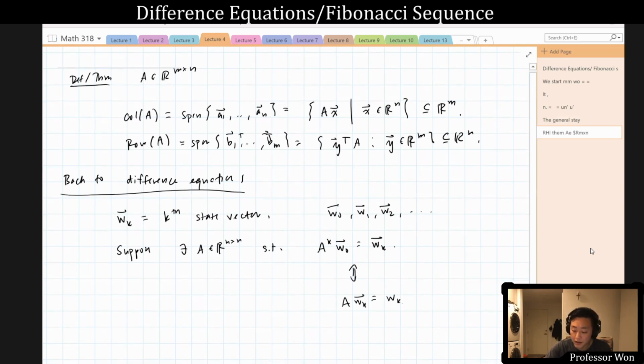So you have a matrix that transitions you from one state to the next. This is a more general setup because I'm not assuming that I'm using the Fibonacci numbers here. All I'm assuming is that I have some process where I have a vector of data, and multiplying by my matrix A takes me from one state to the next state, and then I multiply by the same matrix A to take me to the next state.